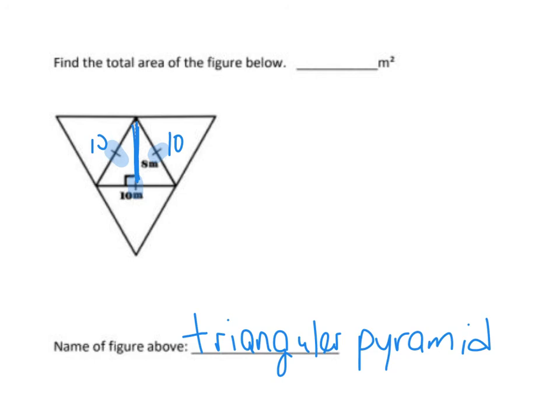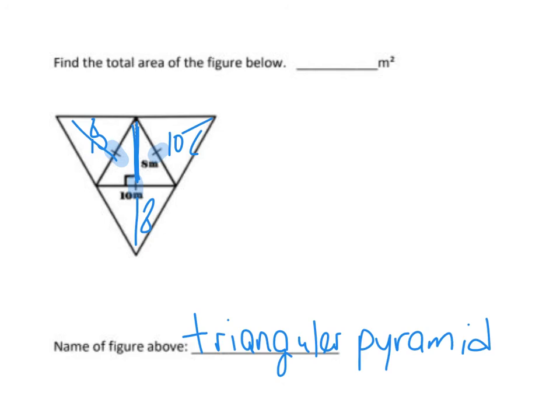So if that's 10, then all of these are going to be 8 as in height. So let's go ahead and find the area of 1. And if we find an area of 1, then what would we need to multiply it with, since all of them are congruent? How many triangles do we have? 4. There are 4 of them.